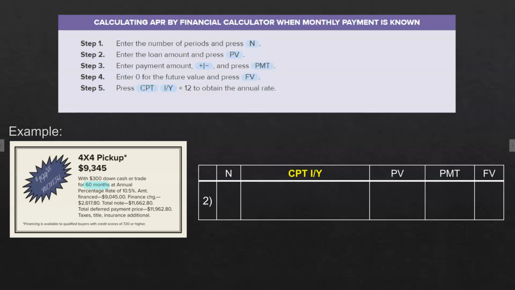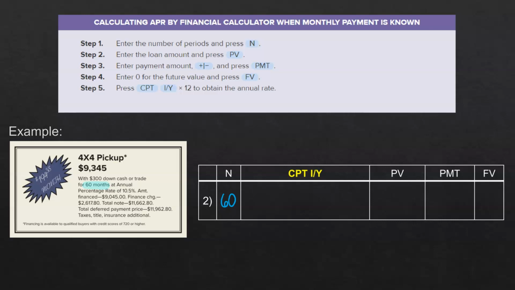So on your calculator screen, type in 60 and then press your N key. That's it. And then it's entered into that register of your calculator for the number of periods, which is the number of payments also. And then we're going to take the loan. Oh, by the way, you don't have to do this in order. You do have to do compute last, but any of the other keys you can enter in any order that you want to.